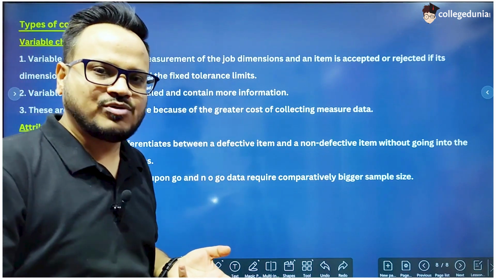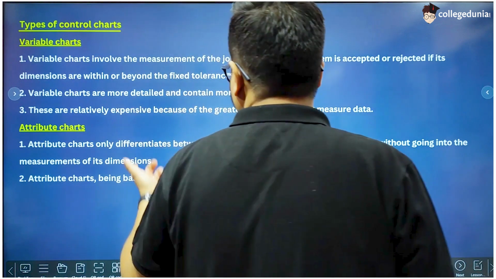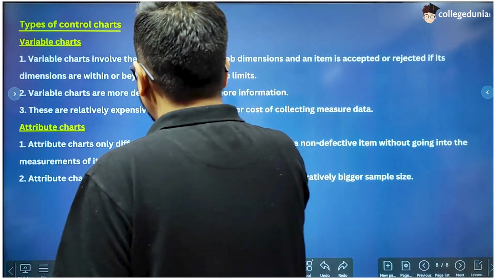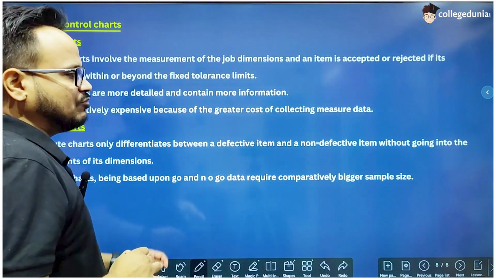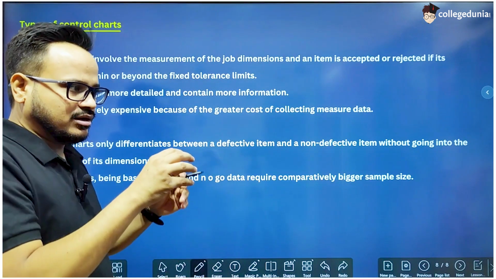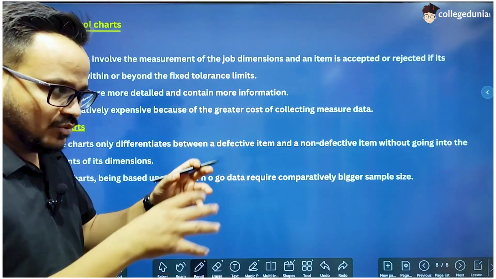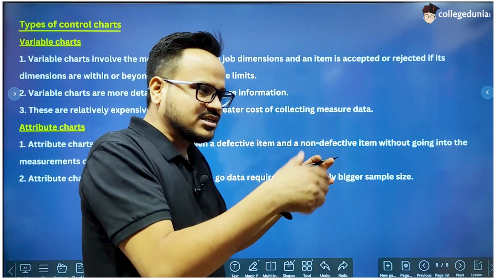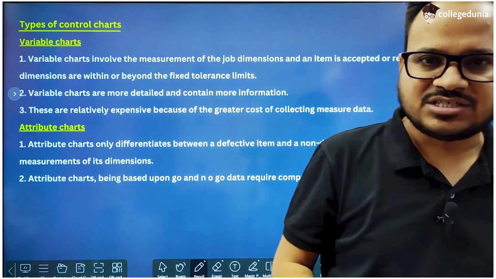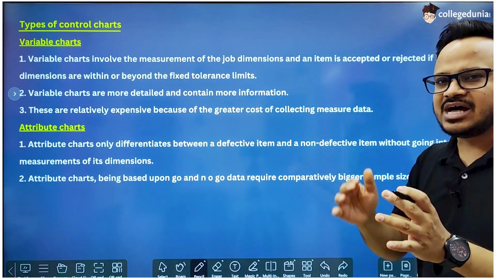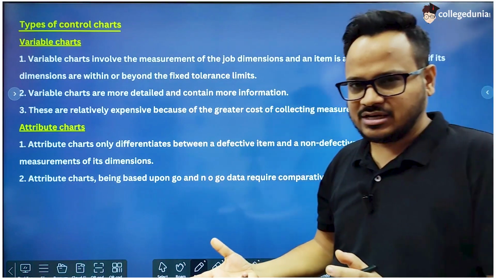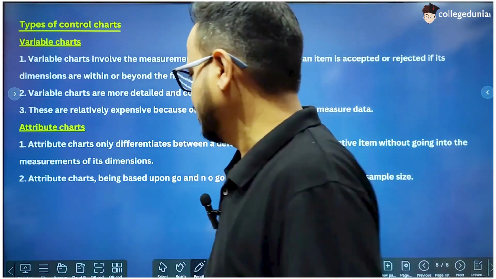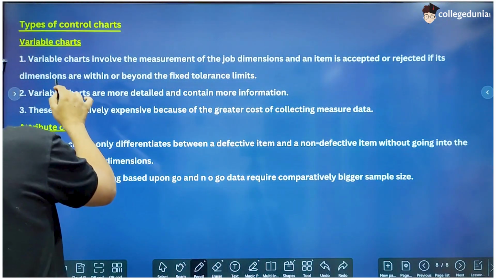So using that variable chart, we will see the values of the objects that are being manufactured, and if those variables are beyond the tolerance limits, we will simply reject the items.